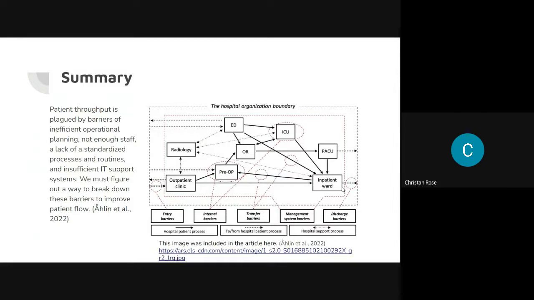And then we have the discharge barriers that impact the patients going from our inpatient beds to home. So there really is a lot of room for us to view and kind of figure out which piece of the puzzle we need to really focus on.